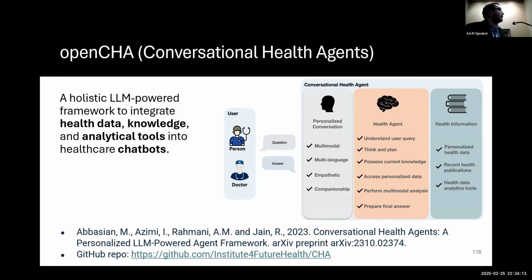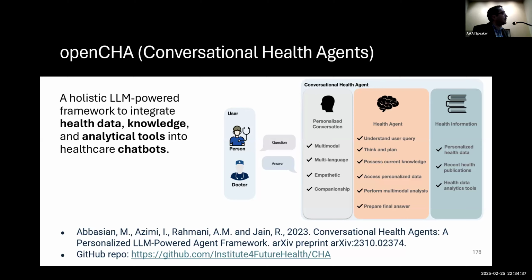Like there is one for personalized conversation, which could consider multimodal data like text, image, it could cover multi-language, and also it should be supportive to provide a supportive response to the users.